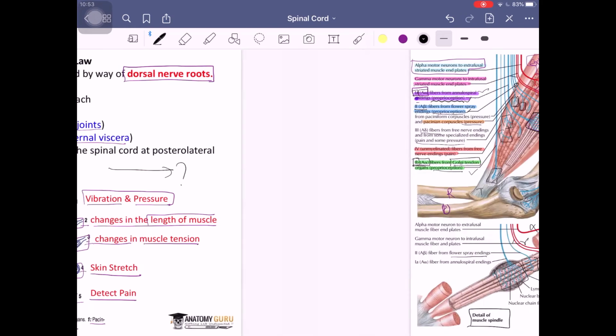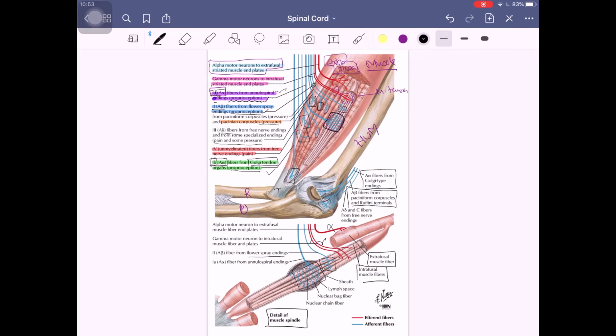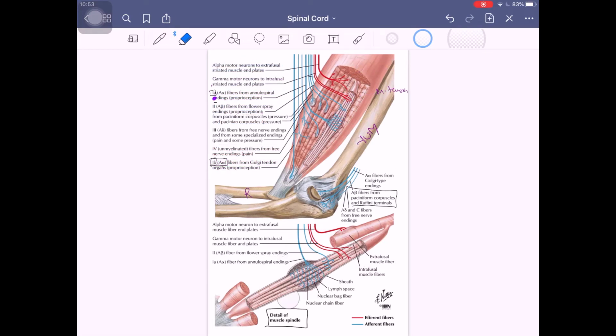What happens beyond this is what I have explained. All these tracts go up. All the blue ones, except the red ones, are taking information from here, and these are the peripheral processes of your dorsal root ganglion.